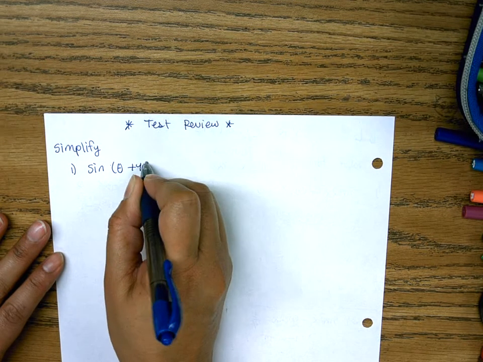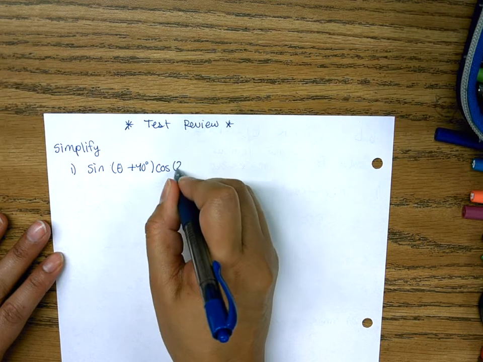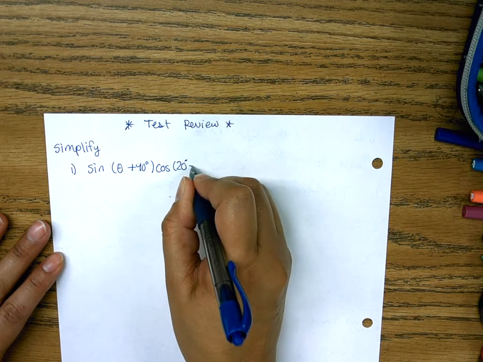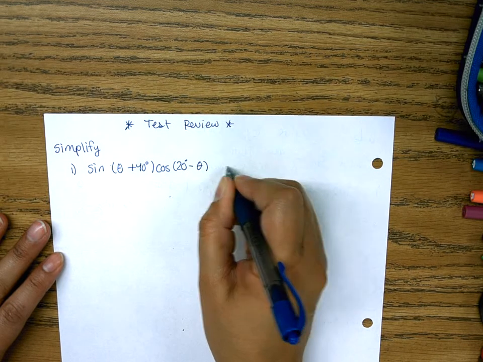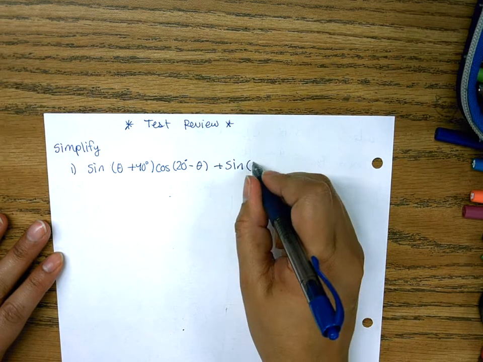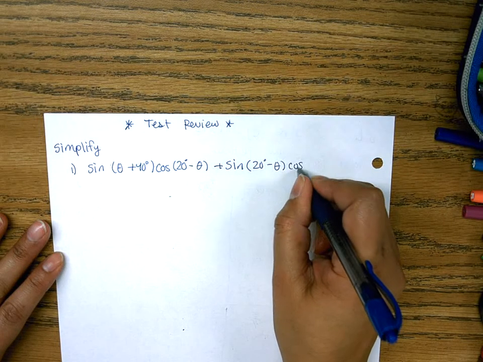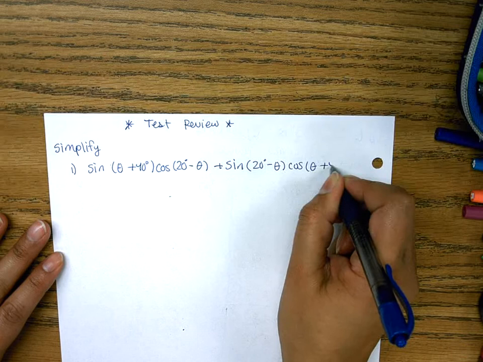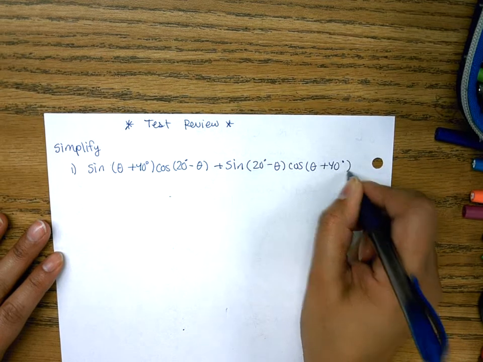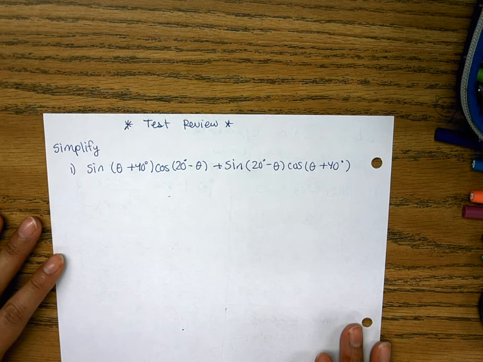Number 1, sine of theta plus 40 degrees cosine of 20 degrees minus theta plus sine of 20 degrees minus theta and cosine of theta plus 40 degrees.